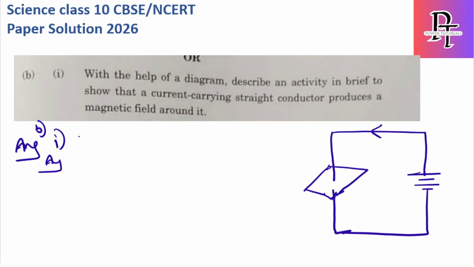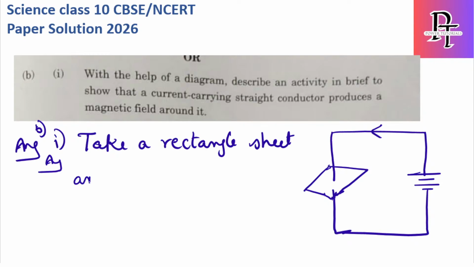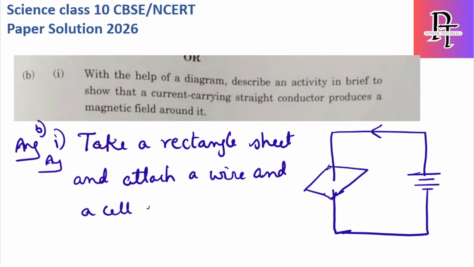Take a rectangle sheet and attach a wire and a cell as mentioned in the diagram.